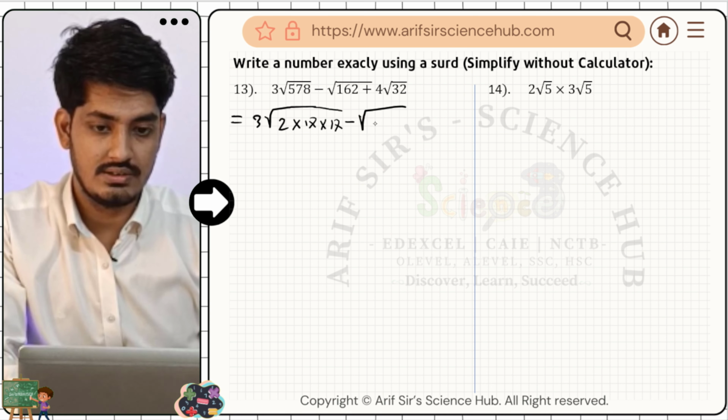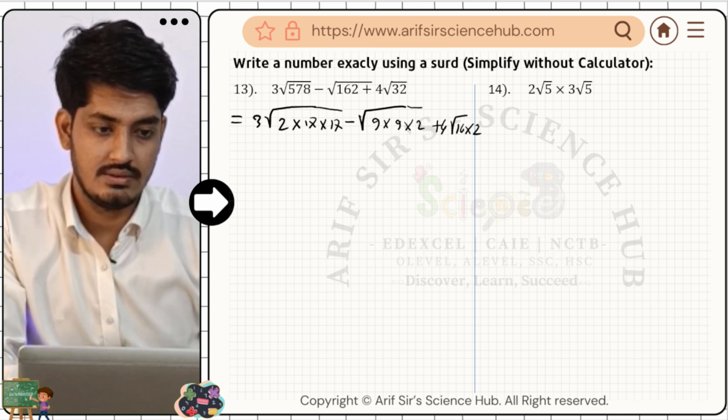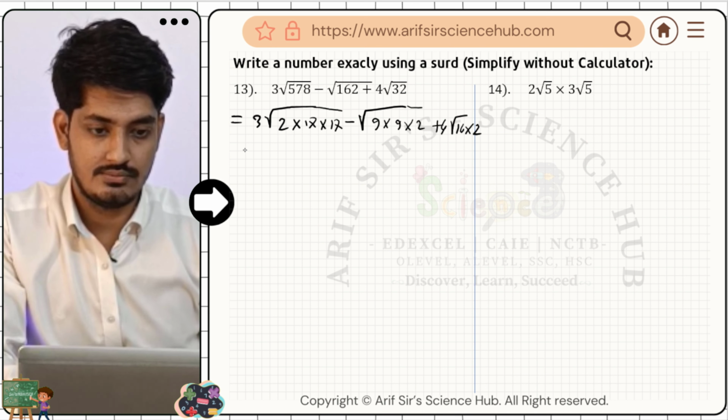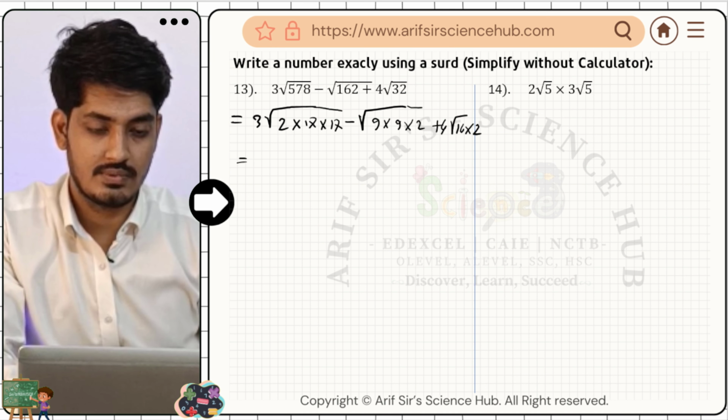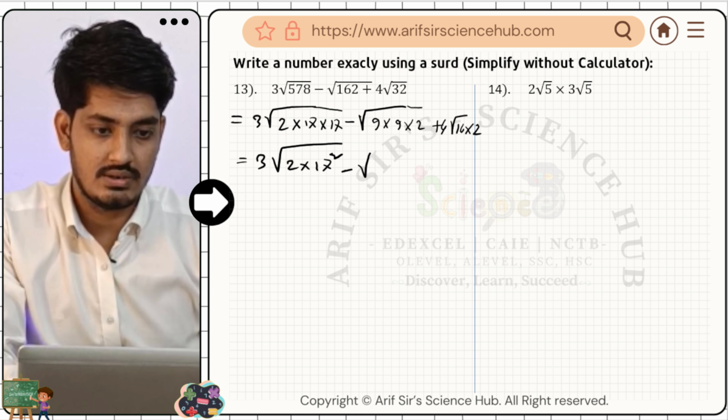We can just write 9 into 9 into 2, then it should be 162, plus 4. We can simply write 16 into 2, then it should be 32. So 3 square root 2 into 17 square, minus 9 square into 2, plus 4 into 4 square into 2.